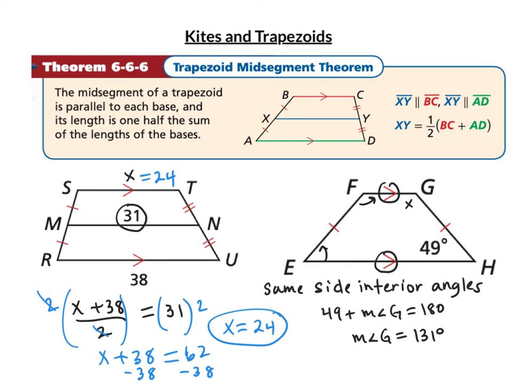As soon as I know that angle G is 131 degrees, because this one is isosceles, I also know that angle F is 131 degrees, and I know that angle E is 49 degrees. A reminder, only in an isosceles trapezoid are the base angles congruent.